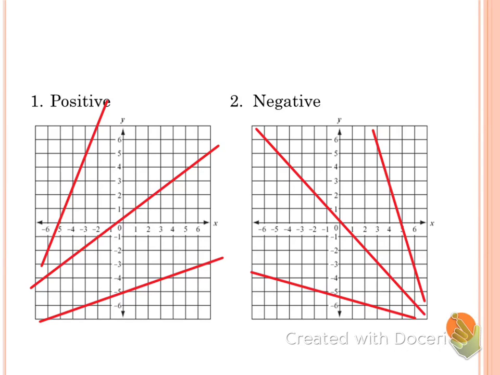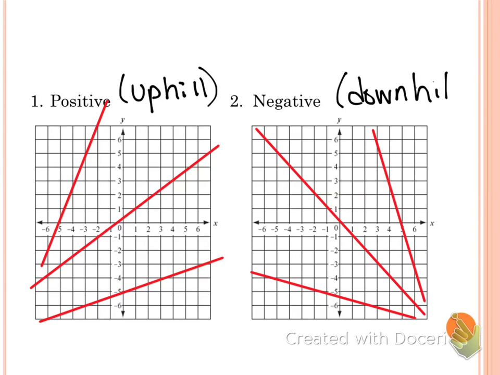Any of those work as examples. So if you want, you could even write yourself a little note that these go uphill and these are going downhill. Anybody need more time with our positive or negative slopes?